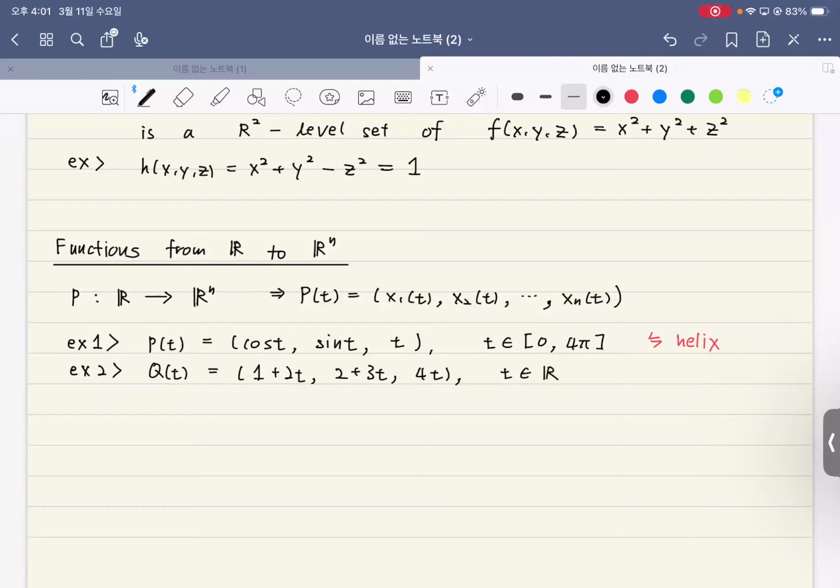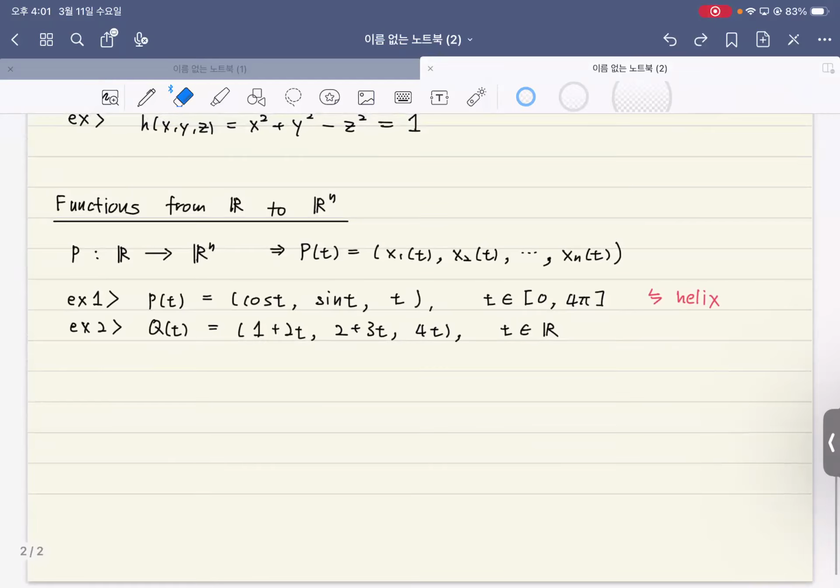Well, this is another curve in 3-dimensional space. In this case, all these component functions are not linear, but they are degree 1 polynomials. Can you imagine the image of this function given by this parameterization?